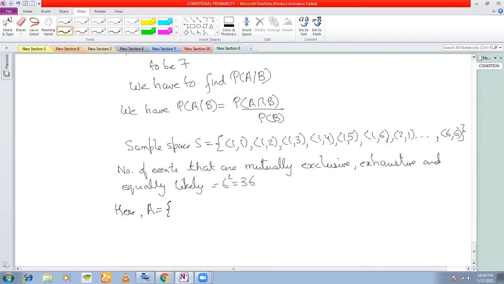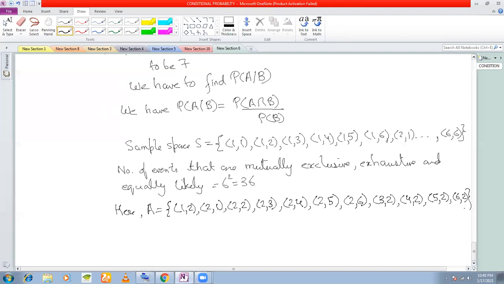In the following ways: 1 2, 2 1, 2 2, 2 3, 2 4, 2 5, 2 6, 3 2, 4 2, 5 2, and 6 2. This is the way 2 will appear at least once when you throw 2 dice.